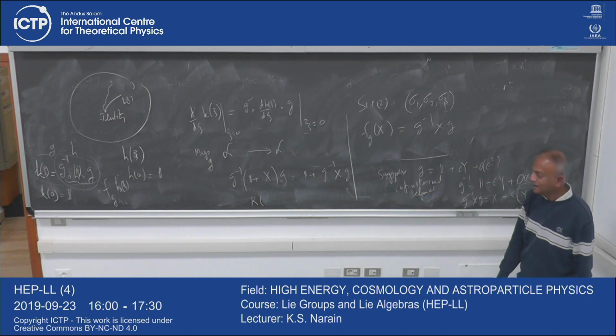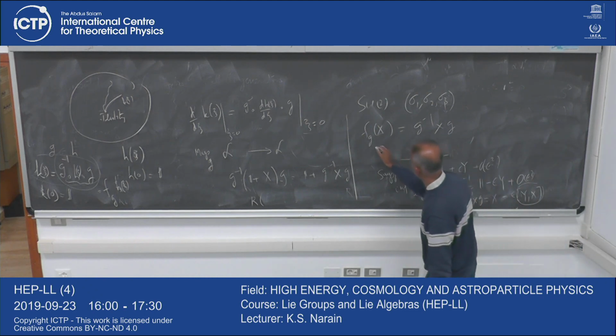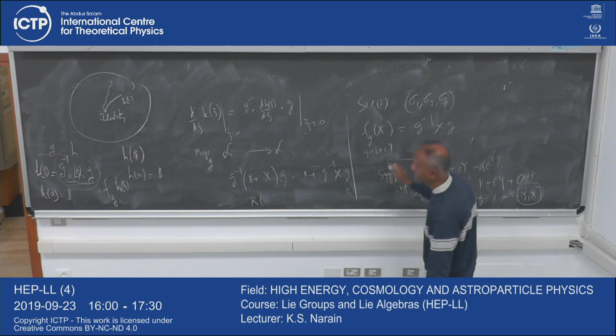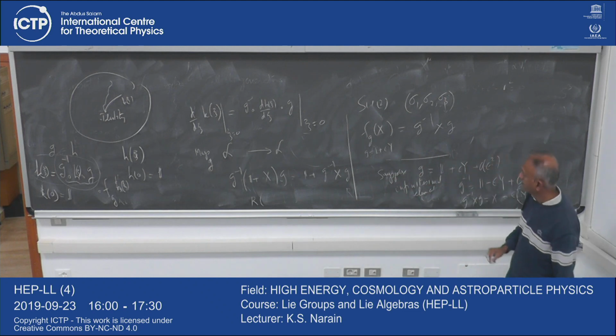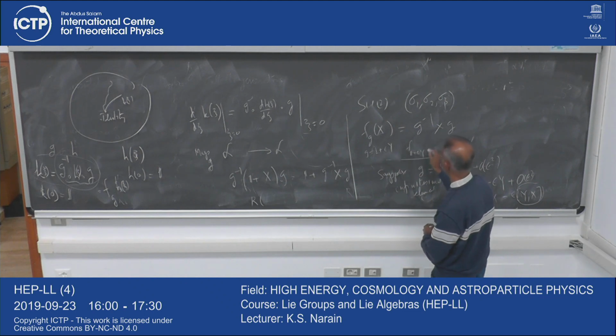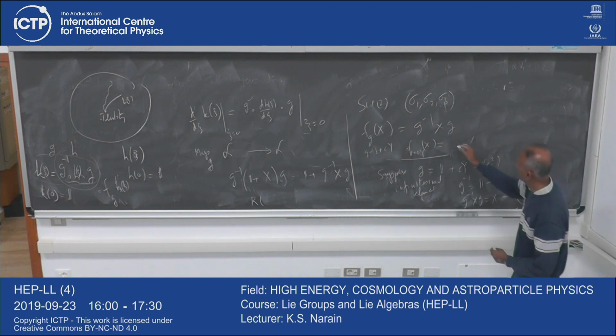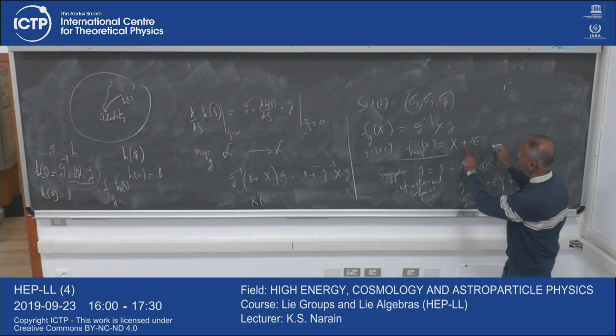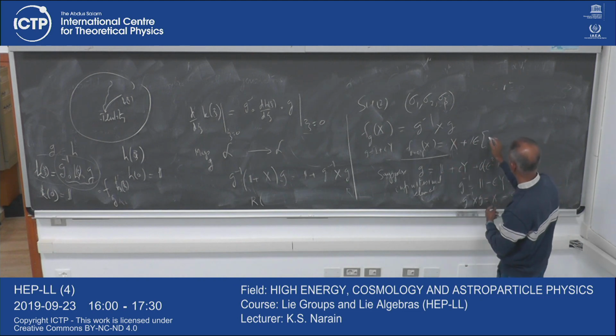Now I want to ask what happens to f of G when G itself is an infinitesimal element, 1 plus some epsilon y. Then f of 1 plus epsilon y, where 1 is the identity, acting on x is going to be, from this relation, x itself plus, to the order epsilon, x commutated with y, or minus y commutated with x.